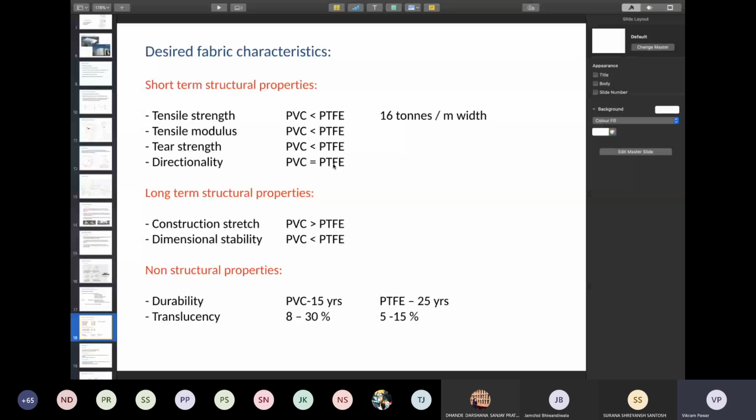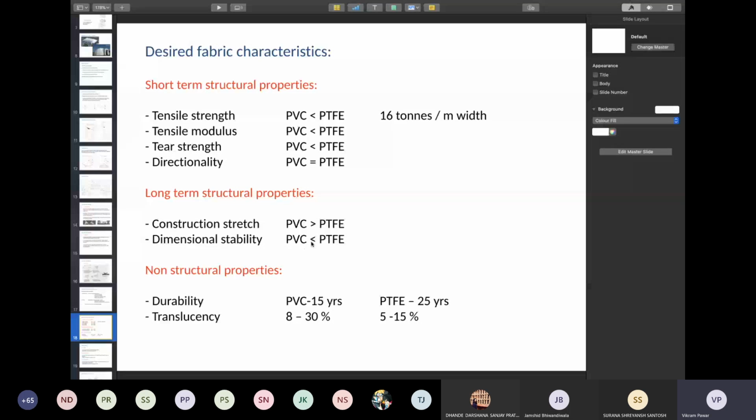they are both the same. In long-term structural properties, for construction stretch, PVC is better than PTFE because PTFE is a little stiffer as compared to PVC. In terms of dimensional stability, because PTFE is stiffer, it will be more dimensionally stable as compared to PVC.